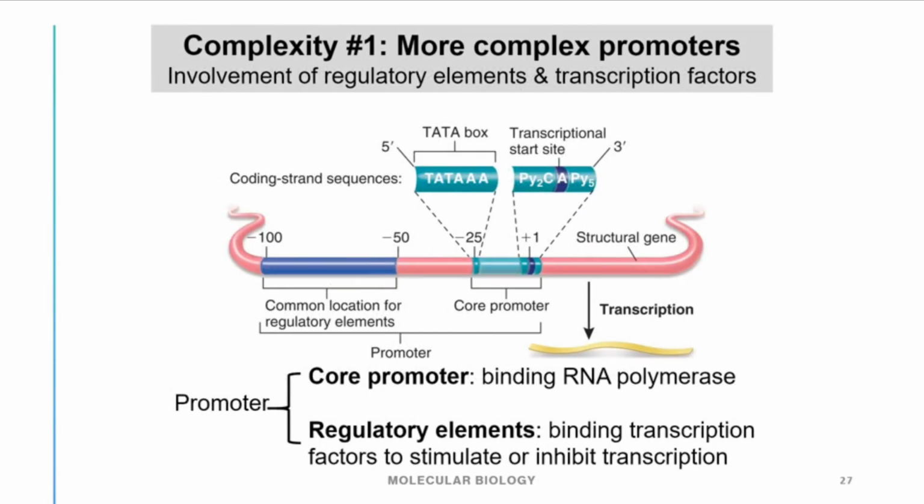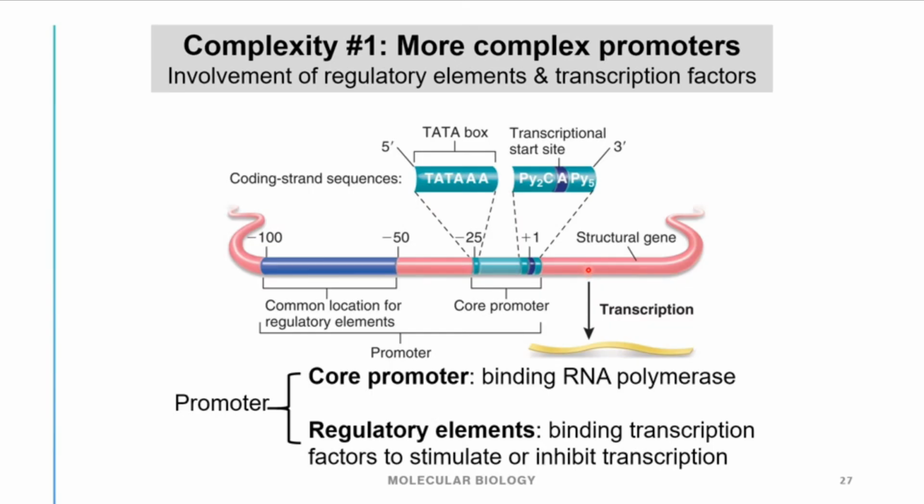Okay, the first complexity that we said was the more complex promoters. In eukaryotic cells, there are a lot of regulatory elements and transcription factors which are involved in the initiation of transcription. In this picture, I'm showing you a eukaryotic gene. Now, the structural gene is the part that's going to get transcribed into the RNA.